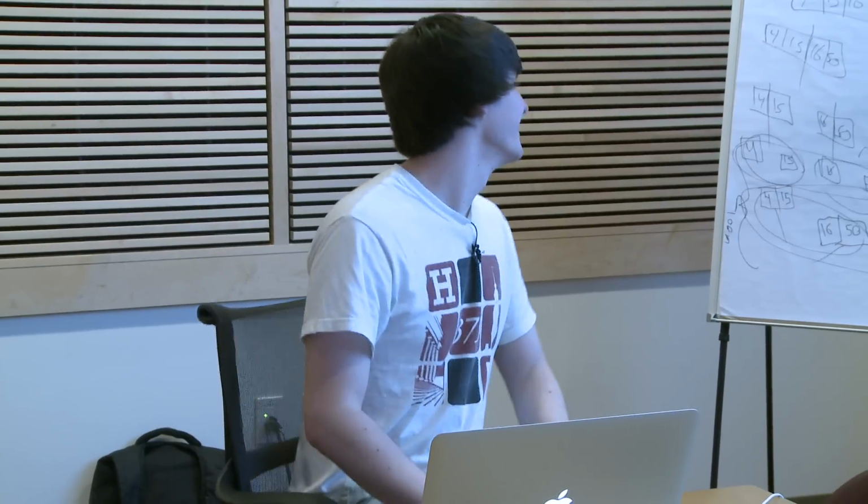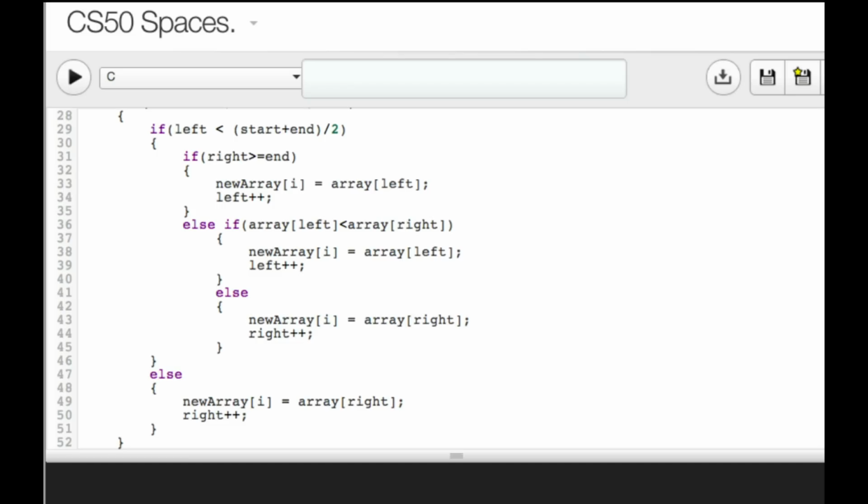Does anyone have comments or concerns or questions? So the 4 cases that we have to break things into, or it looks like 5, but we have to consider whether the left array has run out of things we need to merge, whether the right array has run out of things we need to merge. Those are 2 cases.